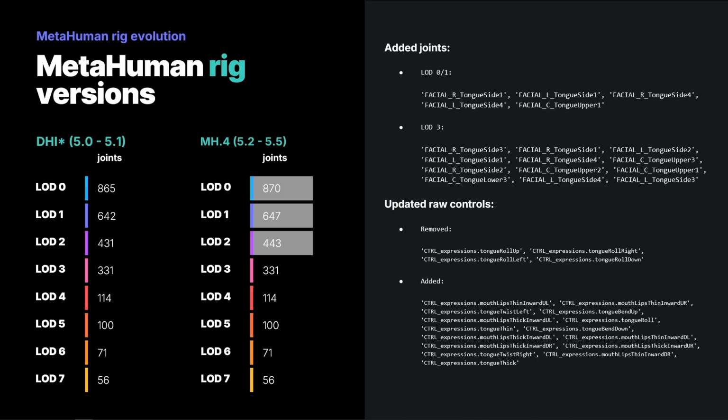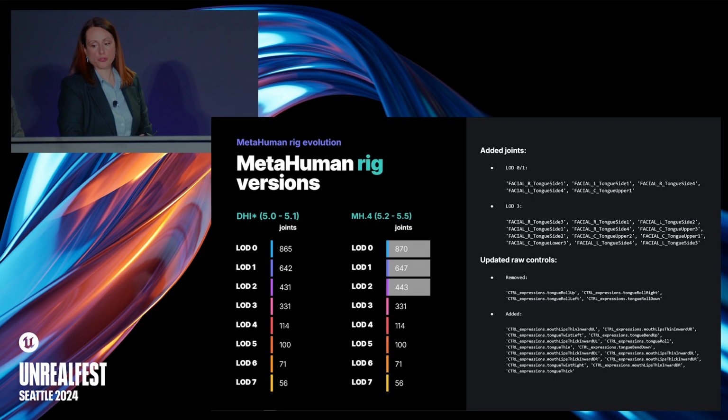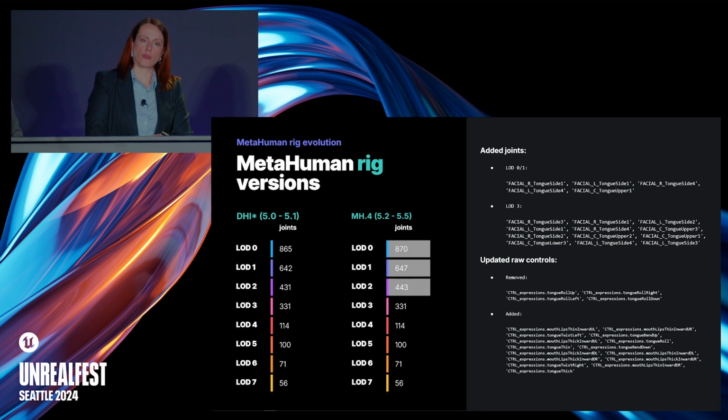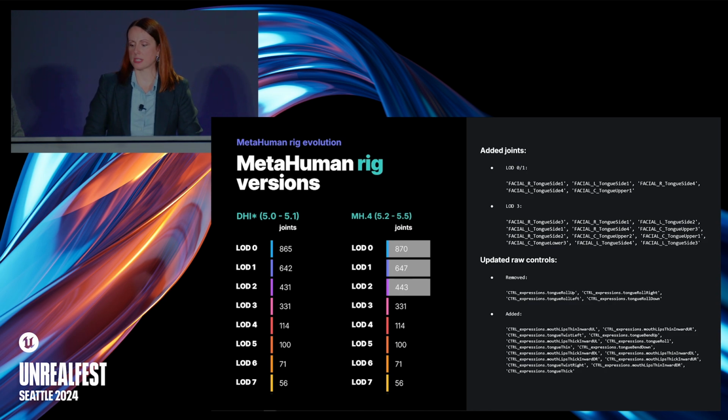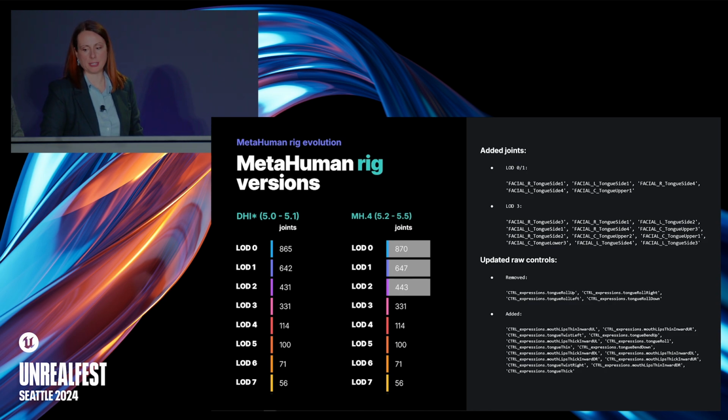We added some tongue joints, and I listed them all in this slide. Next important update was the list of the raw controls. We removed 4, but added 15 for tongue-related expressions. And as I already said, this was important for MetaHuman Animator.